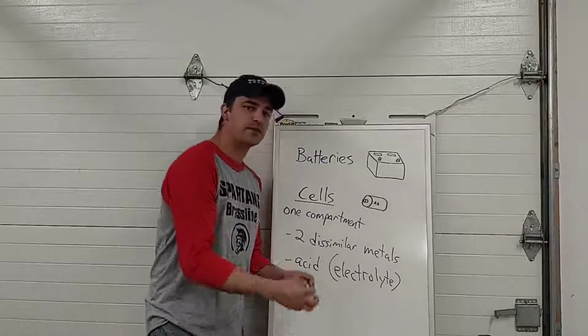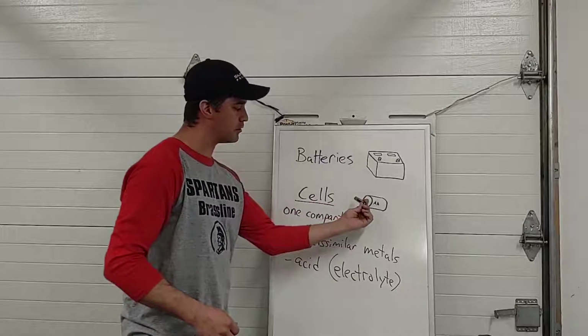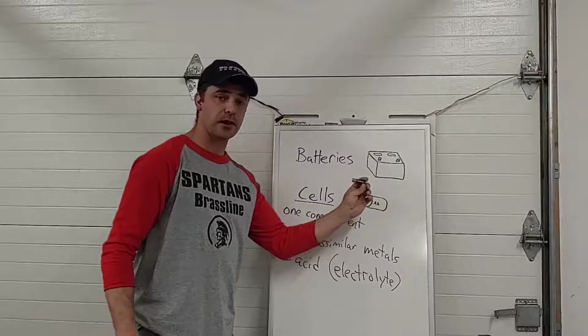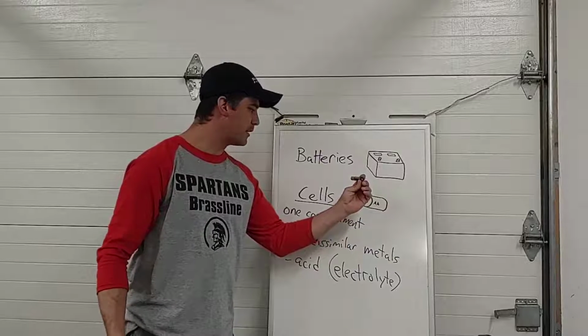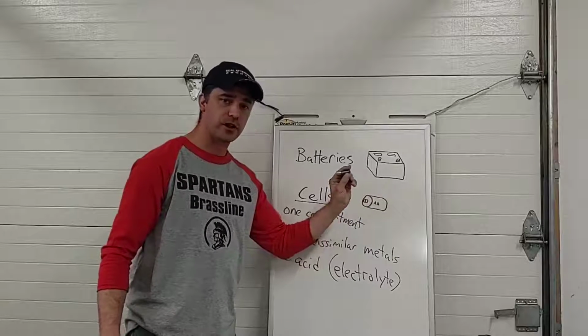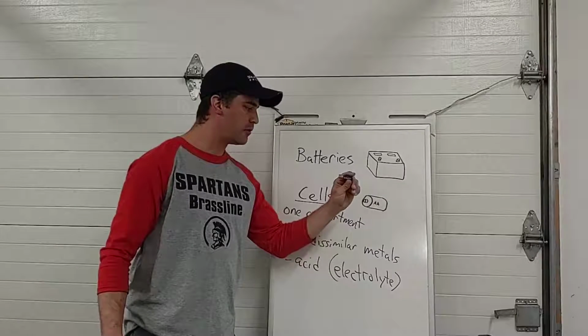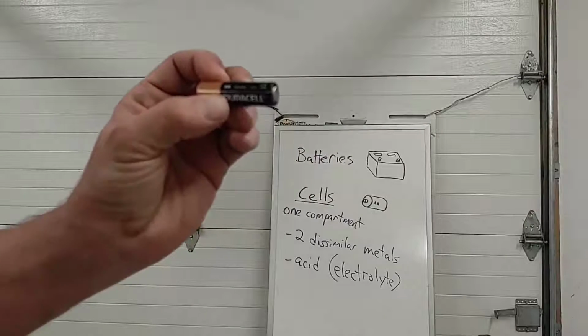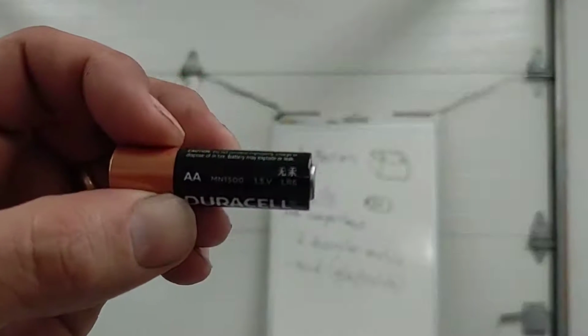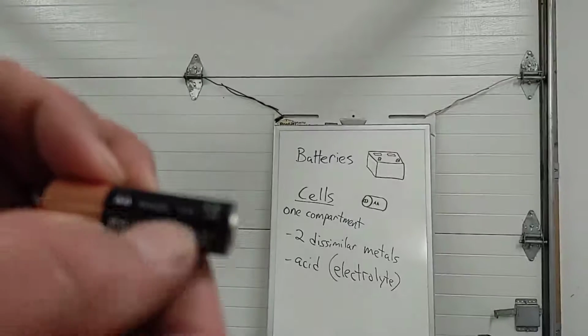One of the most common examples of a cell would be this little AAA. We tend to call it a AAA battery, but that's actually an incorrect use of the term. This is a cell. This is one little chamber with two different metals and some electrolyte inside. If we look at the side, maybe you've looked at them before, maybe you haven't.